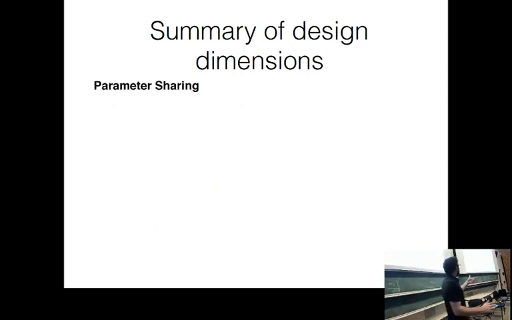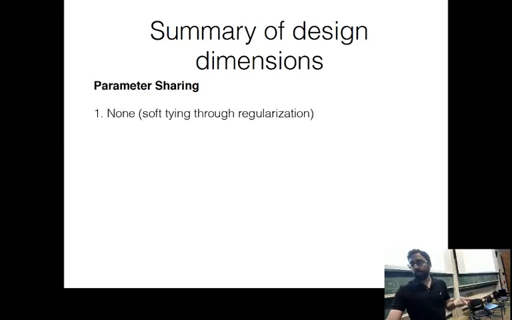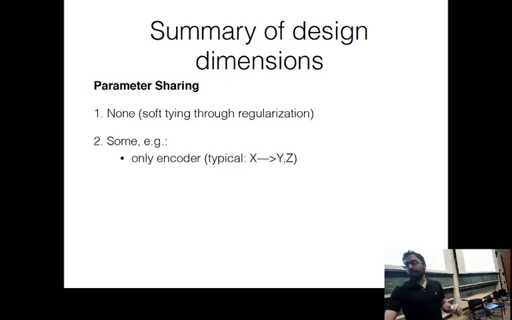Another design dimension is what you will do about parameter sharing. So the first thing is just not share any parameters across the two tasks and tie them in a soft manner. Or you could share some of them, and in the very typical scenario, and the most common one, just share the encoder, because what you care about is the actual task invariant representations that are good for all the tasks.